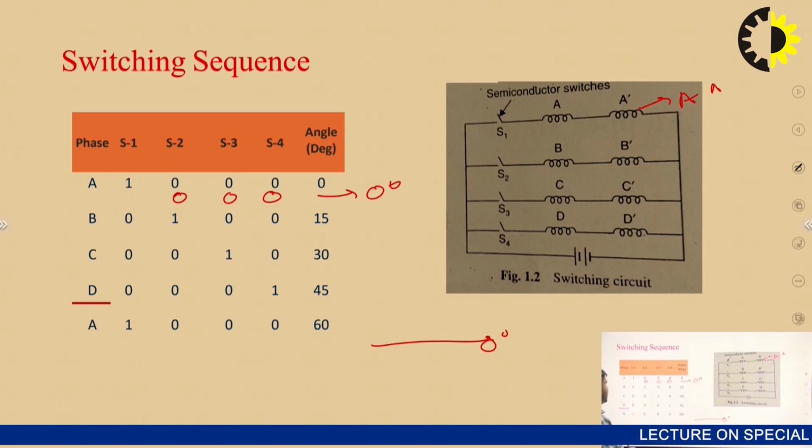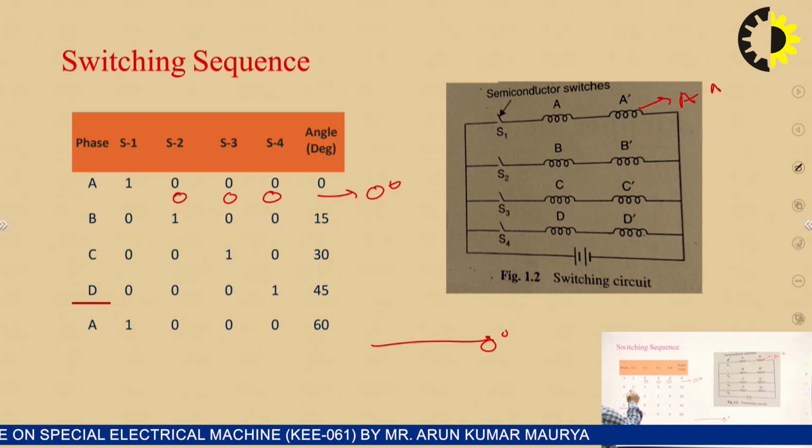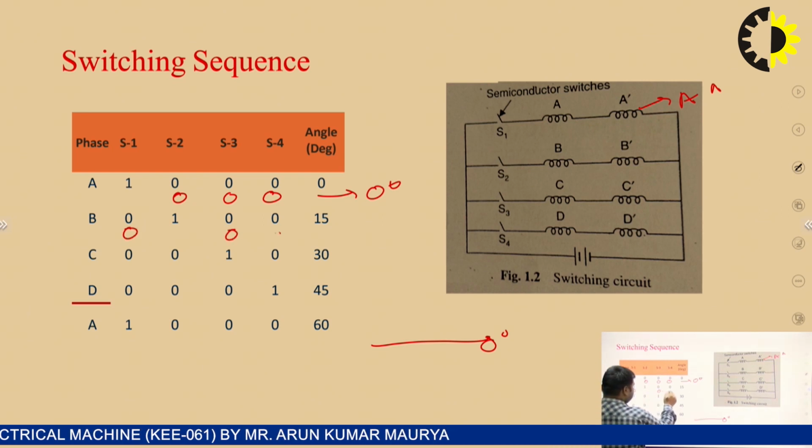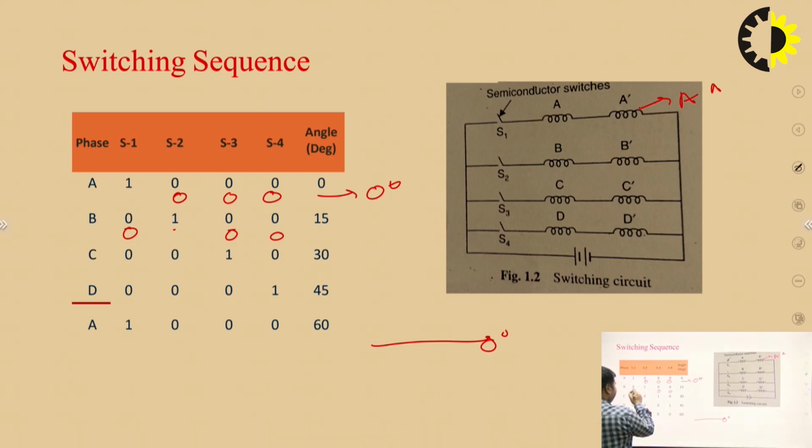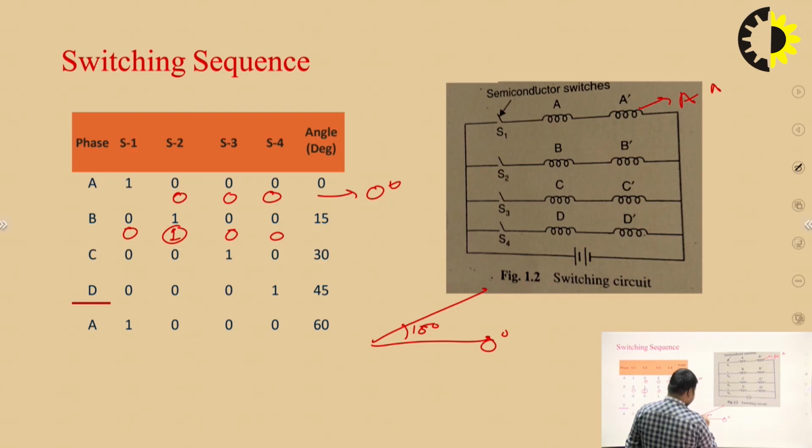When phase B is energized, the B and B dash windings are excited and switch 2 is closed. S1, S3, and S4 are kept open, so they are 0, and the corresponding switch for the B phase winding is closed, that is 1. So the angle is 15 degrees, and the rotor moves with a displacement of 15 degrees.